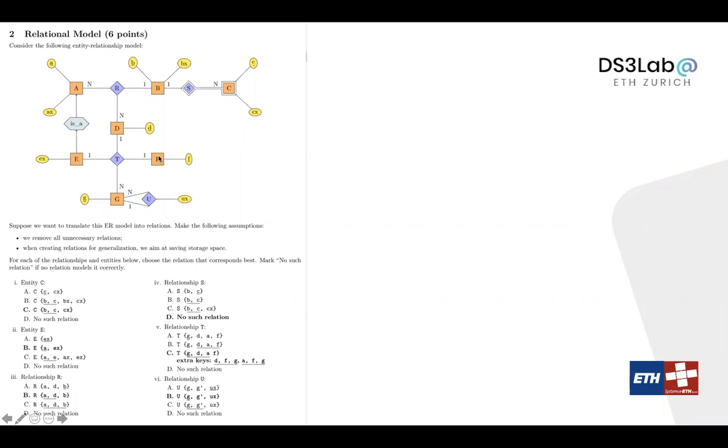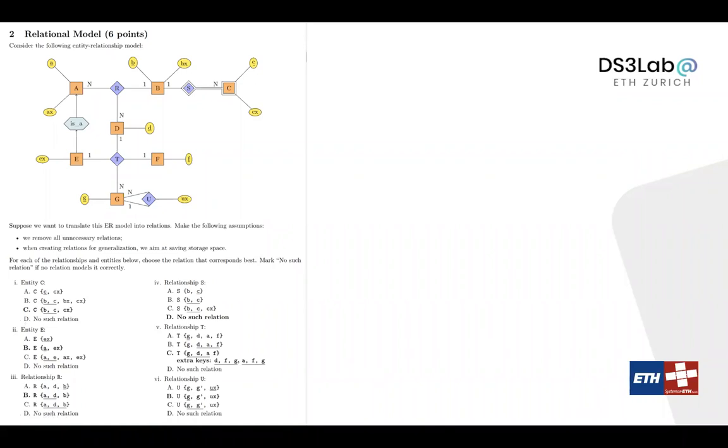Now we can ask, if you do the translation for entity C, what would be a good design under some assumptions? For example, you remove all the unnecessary entities, and when you talk about generalization, you try to save storage space. Under these assumptions, what is a good design for each component?